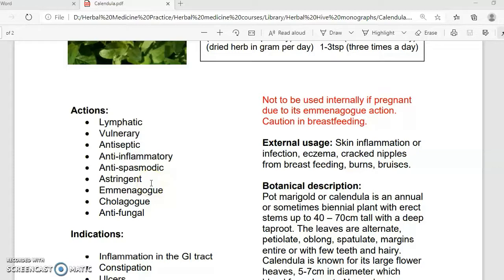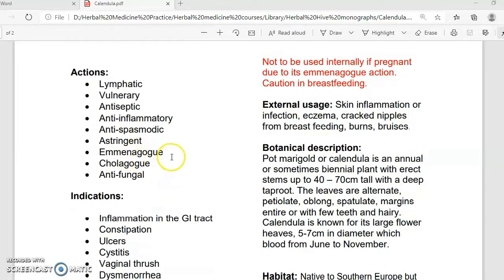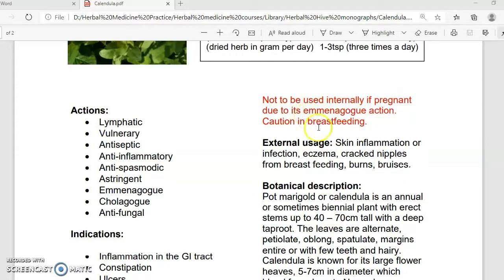That again is more to do with its tissue healing abilities, calendula. A emmenagogue, now this means to increase the flow of period blood. And this is why it's not used internally in pregnant women, because of the emmenagogue action. And you'll see that just there written in the caution.